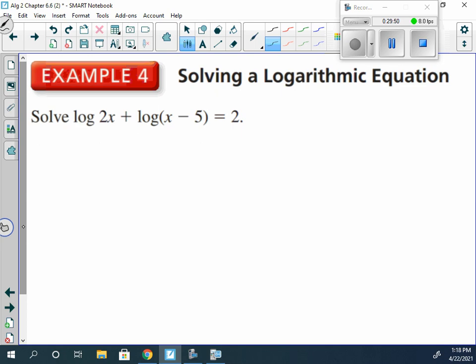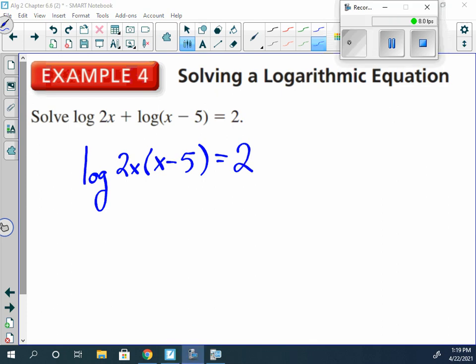So that means for this here that we can rewrite log of 2x plus log of x minus 5 as log of 2x times x minus 5 is equal to 2.